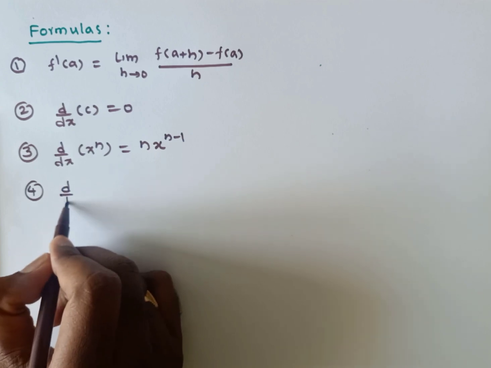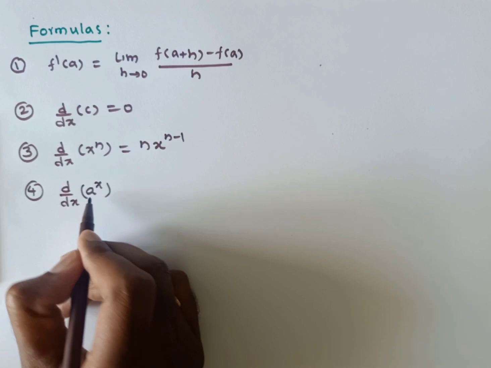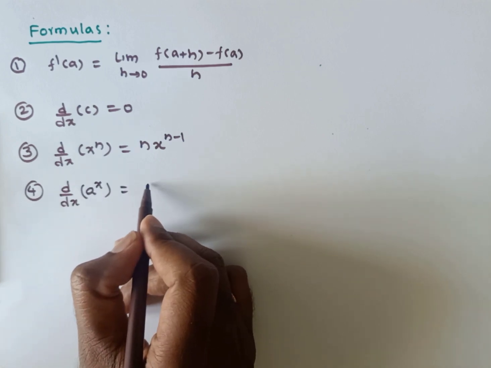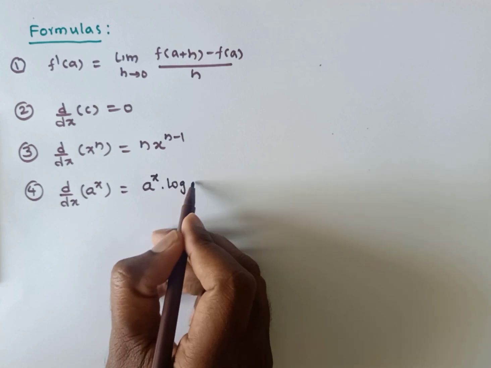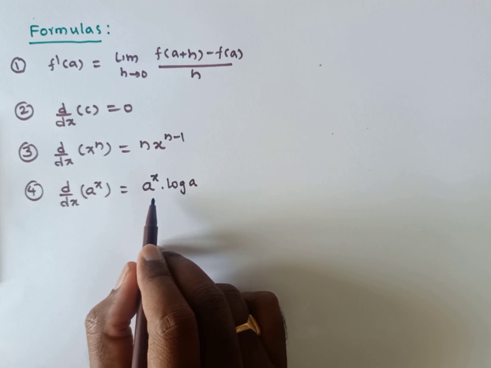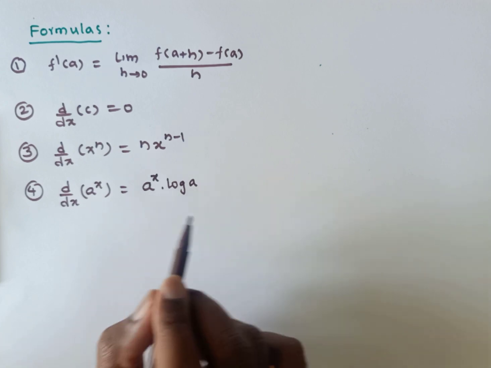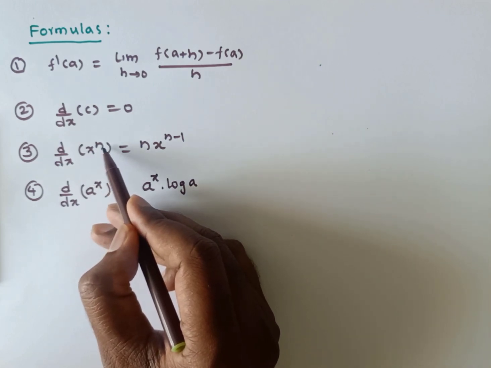Now d by dx of a to the power of x. It is an exponential function, a power x into logarithm of a, where a is any positive number other than 1, not negative here. Okay, so there is a difference, right? In the power rule x is the variable and n is constant.